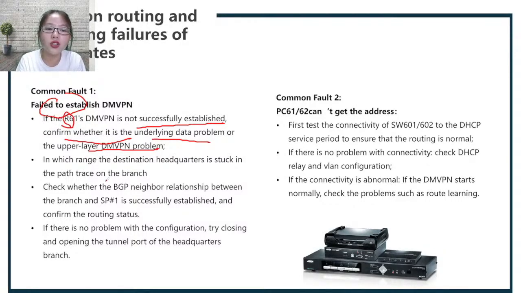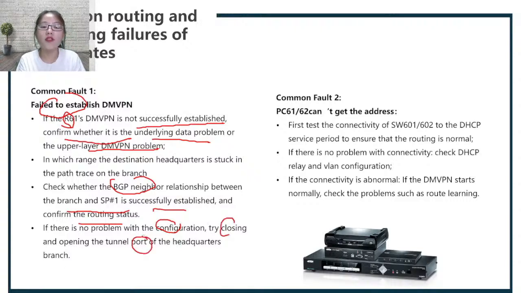You also need to check whether the BGP neighbor relationship between the branch and SP1 is successfully established, and confirm the route status. If there is no problem with the configuration, try closing and opening the tunnel port of the headquarters and branches, because sometimes bugs appear during the practice. Can you understand it?